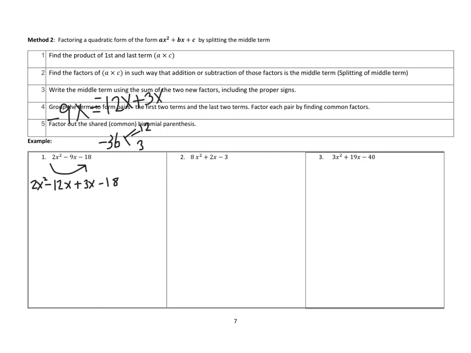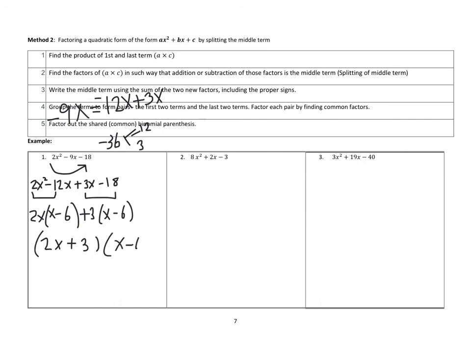So here then I'm going to group them. So 2x is common, and this is x minus 6, and then, what's common here, 3, and this is x minus 6. So my factors are 2x plus 3, x minus 6.